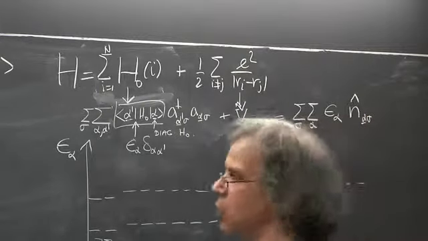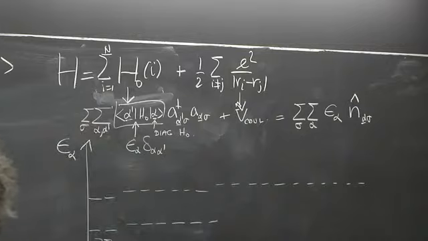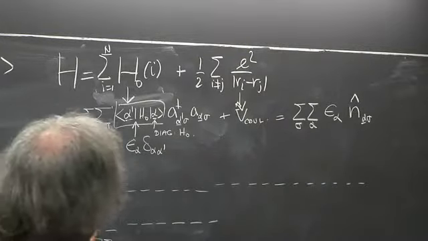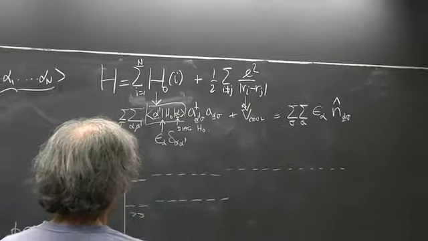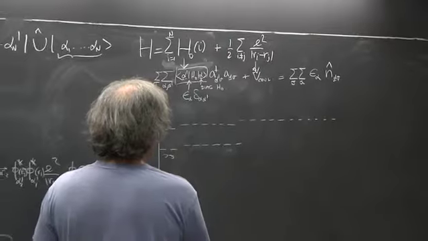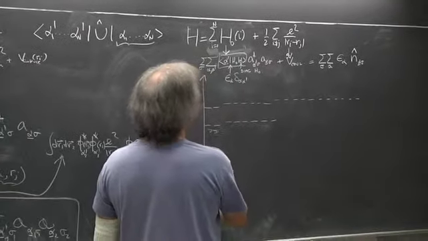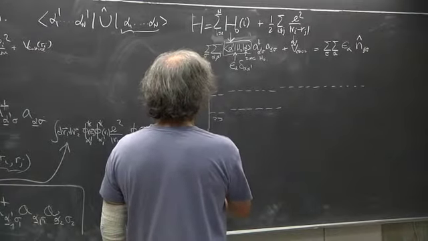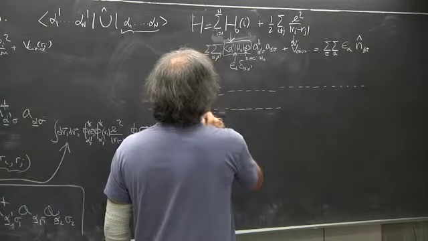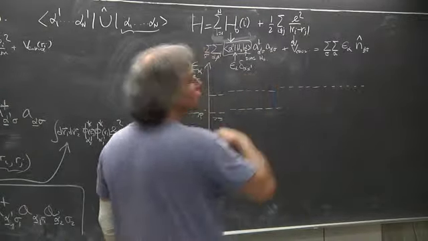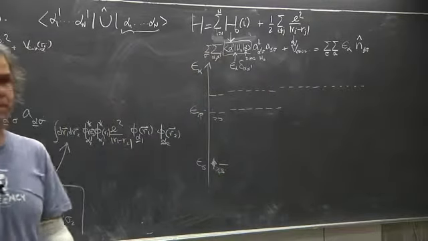So if there is an electron in the orbital alpha sigma, then this contributes an energy epsilon alpha, depending on where the electron is. If it is here, you pay epsilon 1s. If it is there, you pay epsilon 2p. And you sum. So this is very simple.